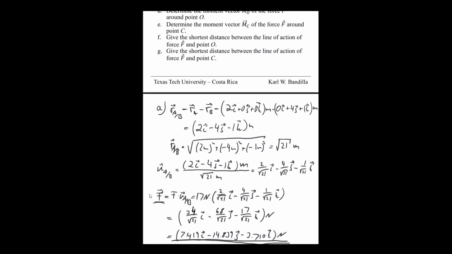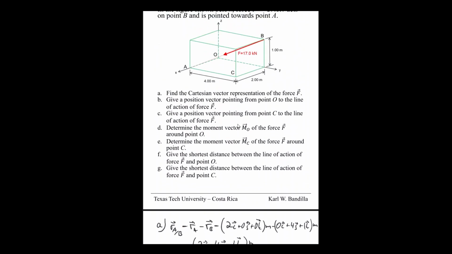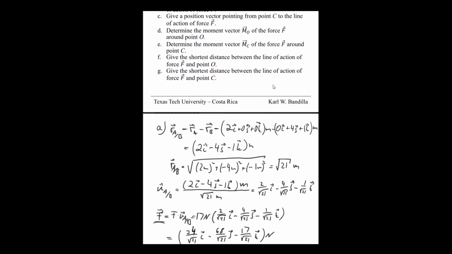So that would be then C. Let's see, what do we do here? Give a position vector from point C to the origin. All right, so let's see. We can either go from C to A, or we can go from C to B. I would say we go to A because, again, it is the easier one to do.